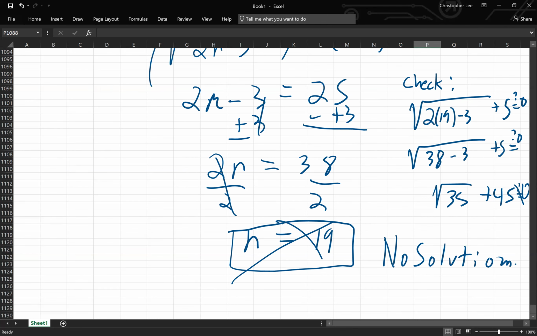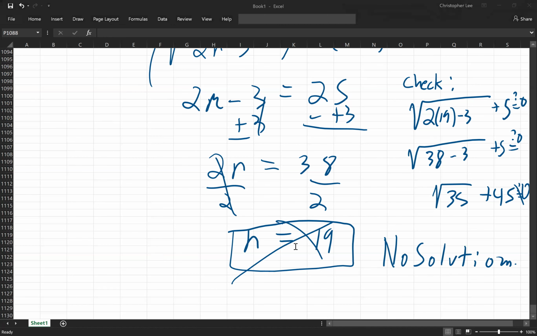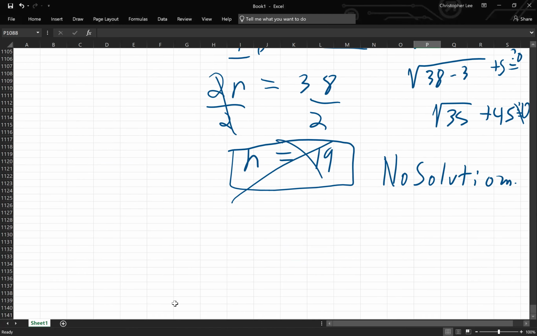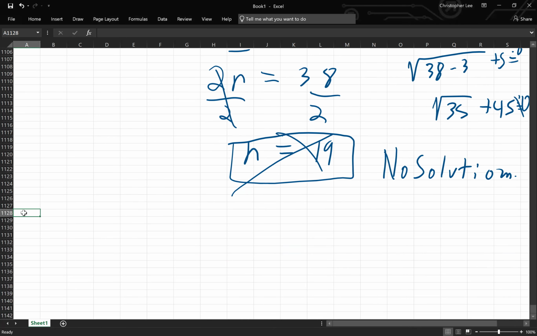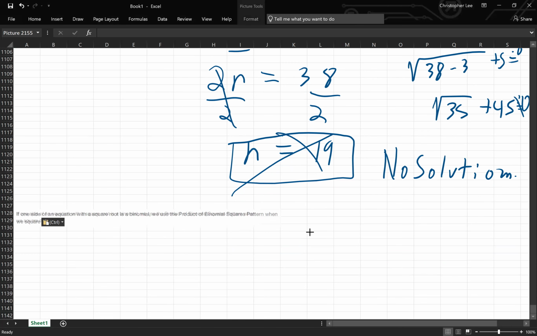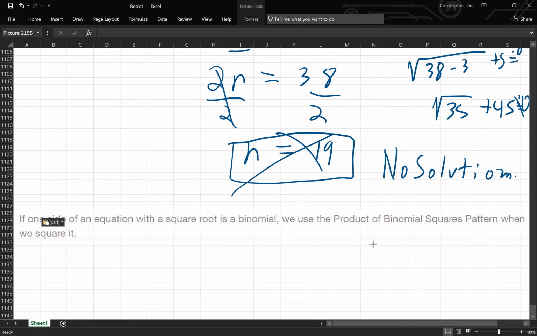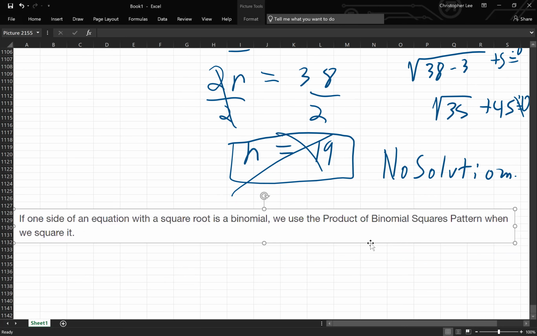All right, let's keep it moving. All right, so if one side of an equation with the square root is a binomial, we use the product of binomial series pattern when we square it, right?